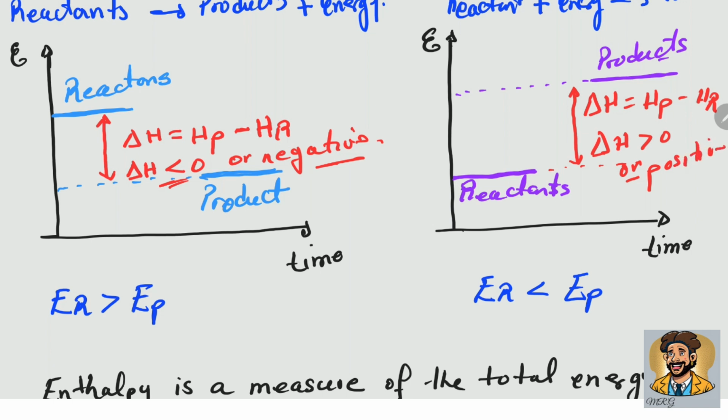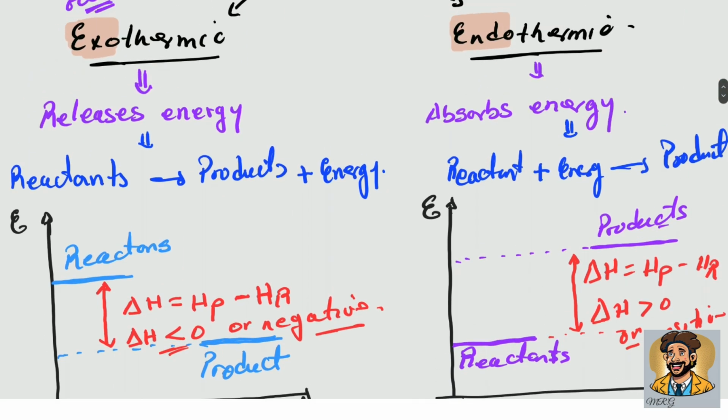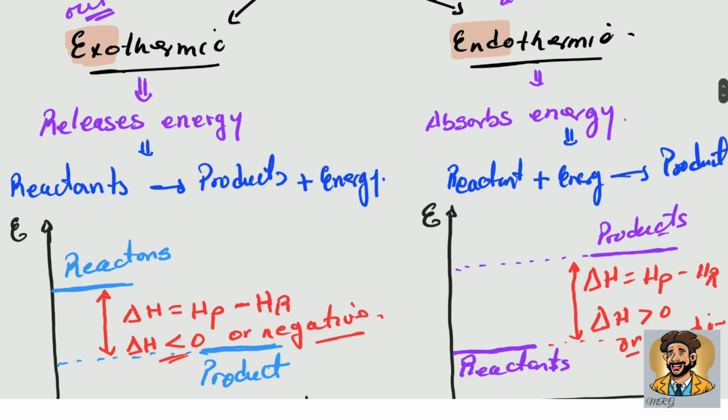All right? So here we are. So far, this is what we know about exothermic and endothermic reactions. Exothermic is the type of chemical reaction that releases energy. It gives energy away. The endothermic reaction does absorb energy; you take energy in.